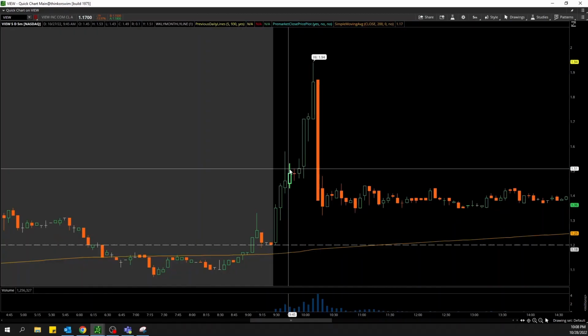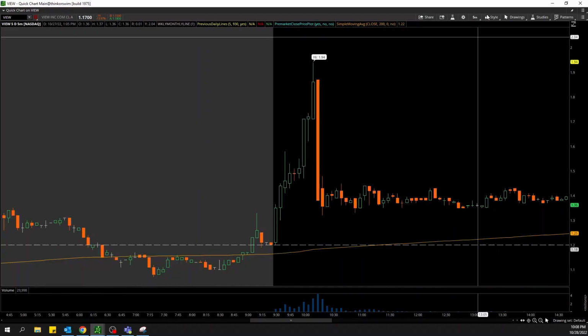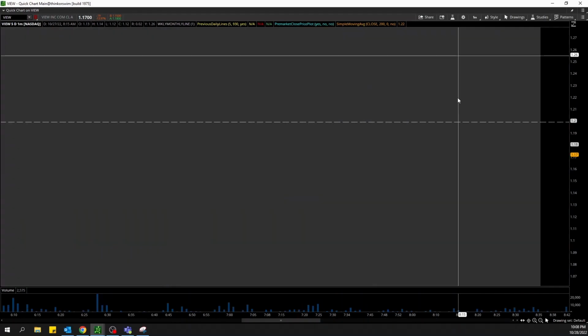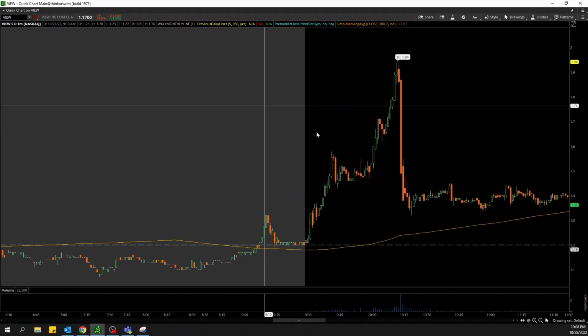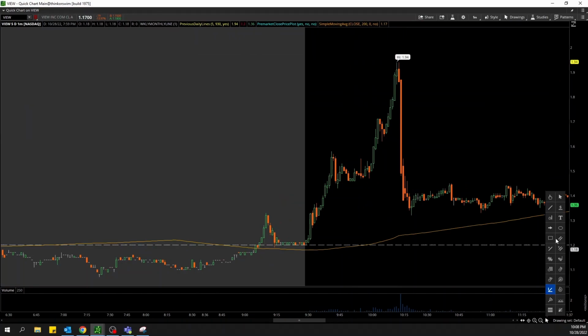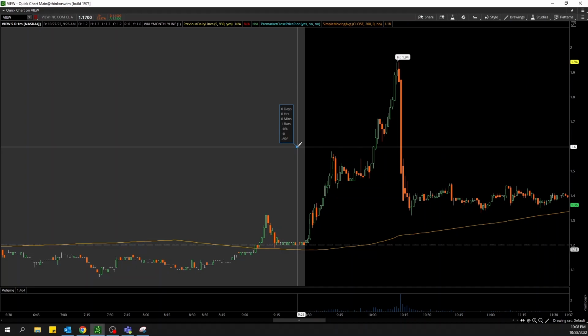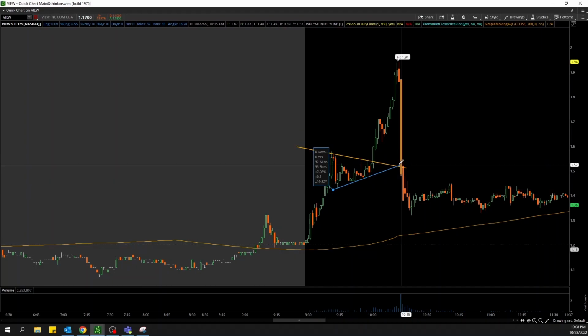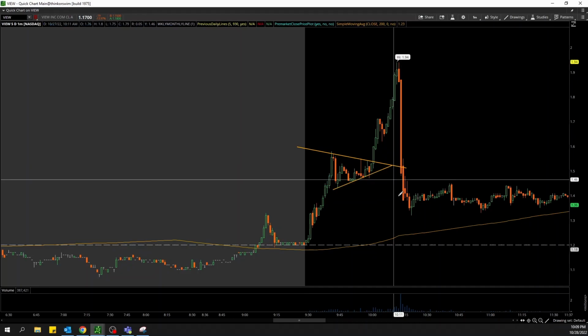So when you had that pullback, that's where most people got interested. So you had to really catch it, and it was off the 5. So this was your key area here. This is where it stepped up here, and then this would have been ideally your entry.